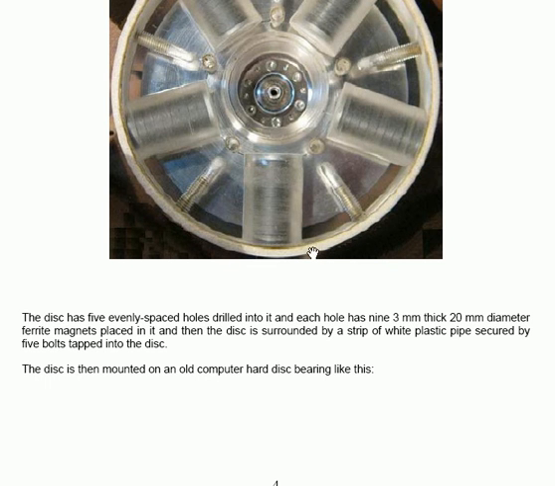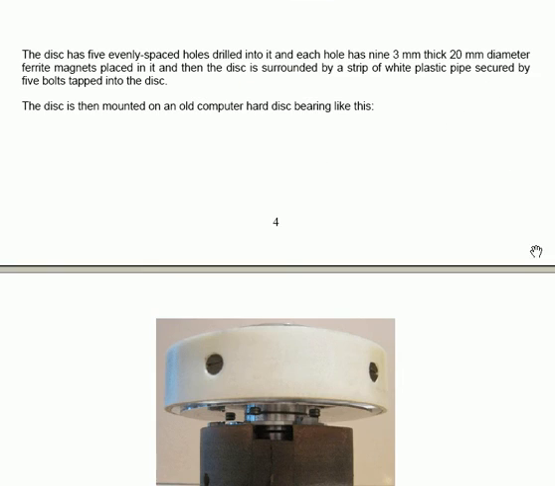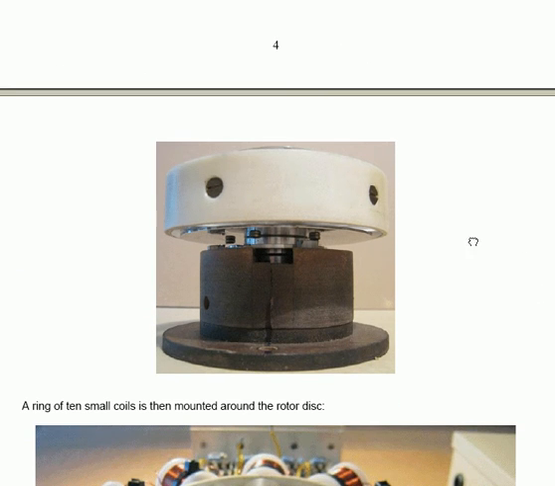The disc then is mounted on an old computer hard disk drive bearing. It looks like this. There's the disc itself surrounded by the strip of plastic cut from a pipe. There is the bearing itself, and this is just a mounting stand which holds the thing in position so it can rotate freely.